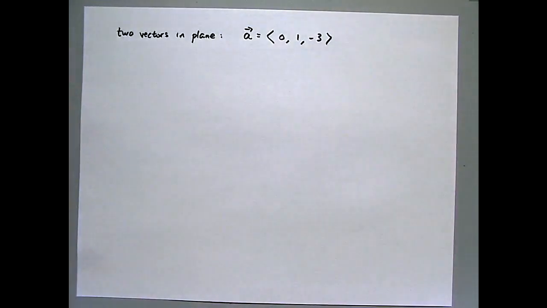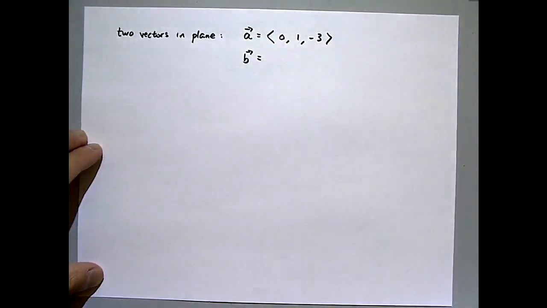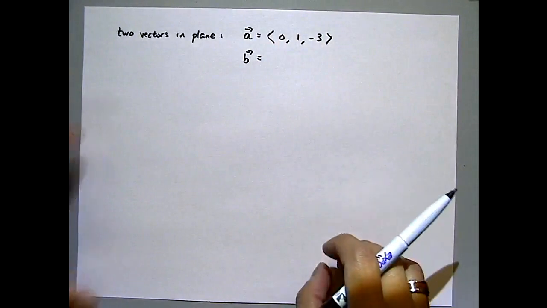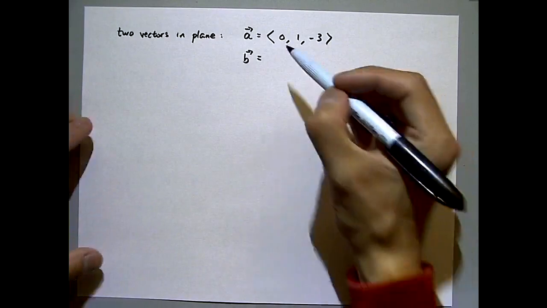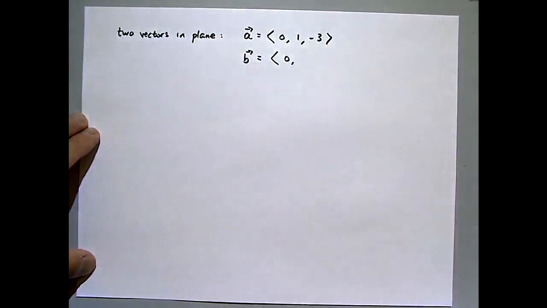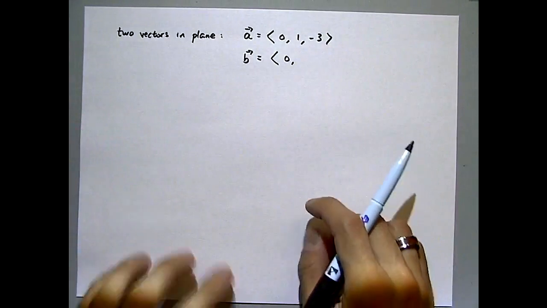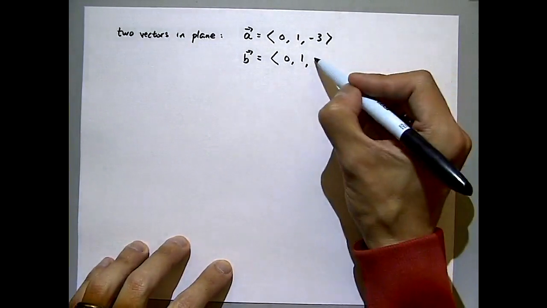There's no x change. There's a change of 1 in y and a change of negative 3 in z. And the second vector, I can use the vector going from the first point to the last point. So the vector would be 0, 1 minus 0 is 1, and then 1 minus 3 is negative 2.